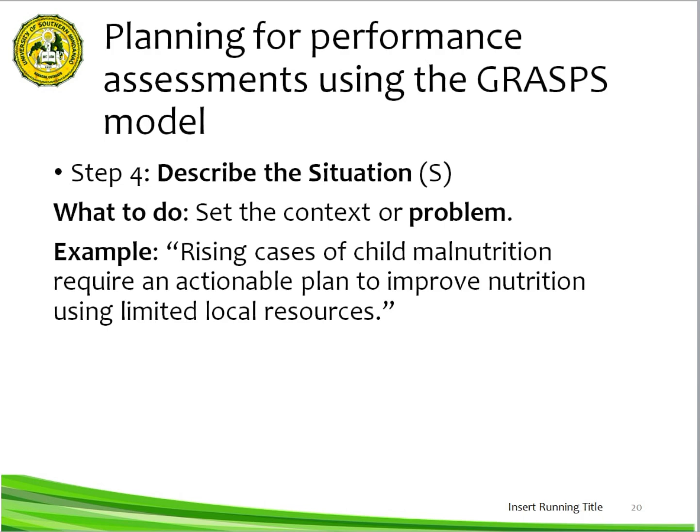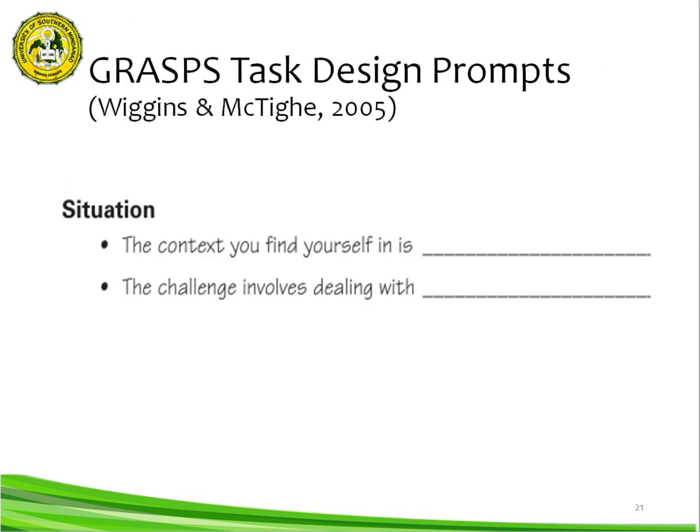It highlights a pressing problem, which is child malnutrition, and a key constraint, which is limited resources, which adds complexity and realism to the task. So these are the design prompts for the situation: the context you find yourself in is, and the last one is the challenge involves dealing with.